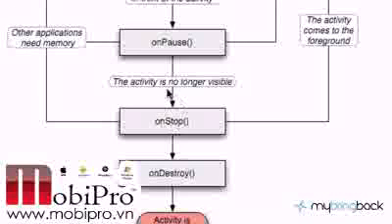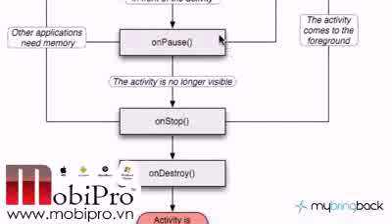So again, it's smart to do all your saving within this onPause method. That's the idea I want you guys to get. I'll put this link in the description so you can browse through it. But the most important ones are onCreate, onResume, and onPause, because if our activity does kill itself, it's going to go through the onPause anyway.